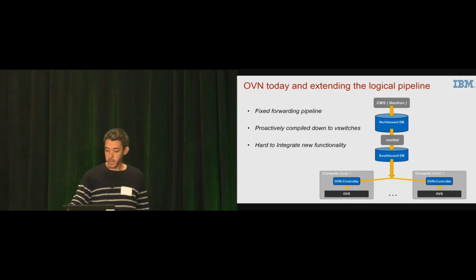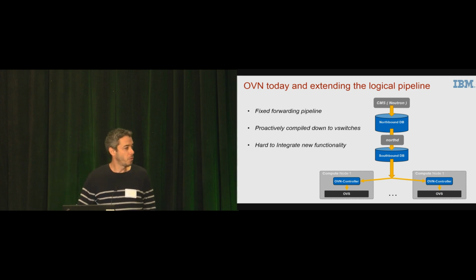And from there, it will be compiled down through the OVN controllers to physical flow tables on the vSwitches themselves. So if we want to introduce new functionality to OVN right now, new service functions, we have to integrate our code into the OVN code base itself.